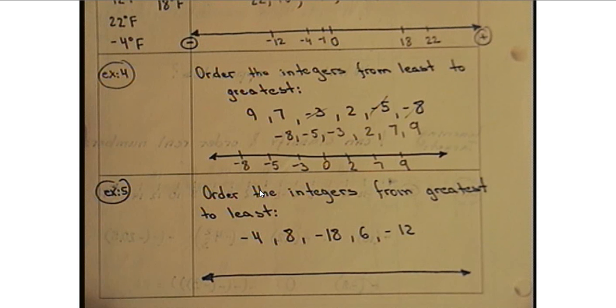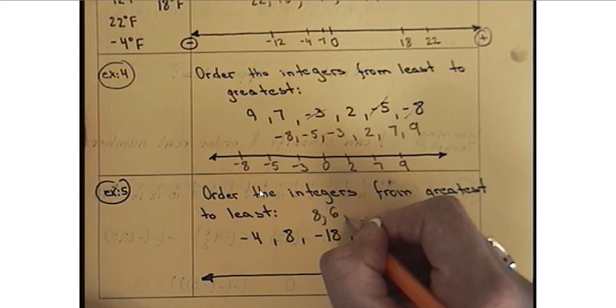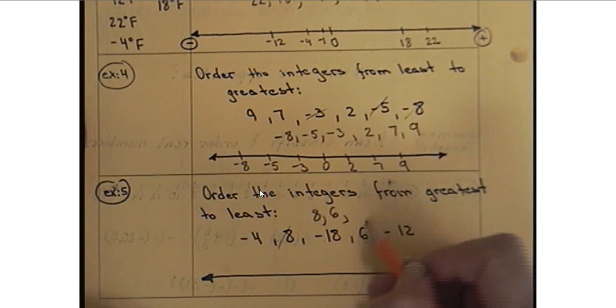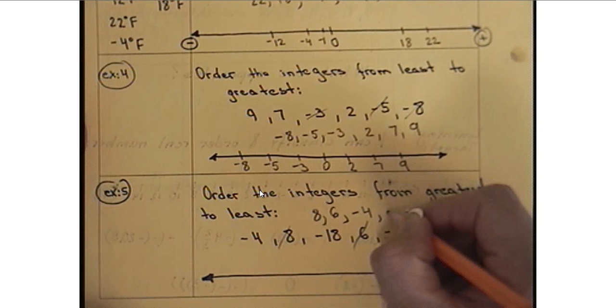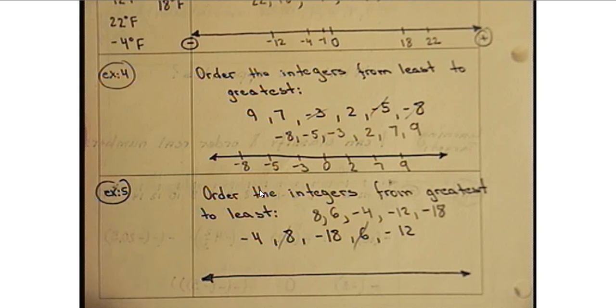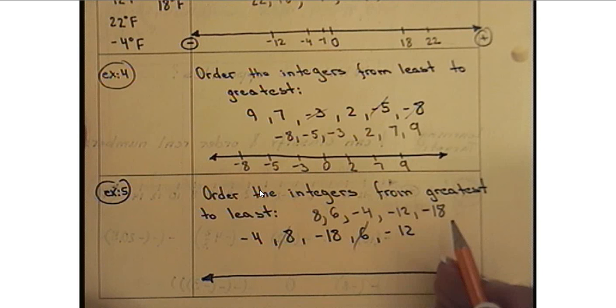Next example, order the integers from greatest to least. So greatest again will be 8, then will be 6, then will be -4, then -12, and then -18. Now, that's good when you have to order and show which one is greater and which one is least.